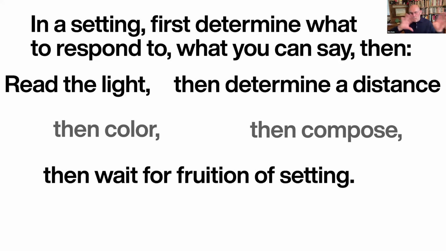Then once you've done those things, you've worked through all of those dynamics, the goal is to wait for the fruition of the setting to come into play. And oftentimes settings have a rhythm where they start to form and you're making photographs, then they rise and gel, and then you're continuing to make photographs, and then they tend to fade away.